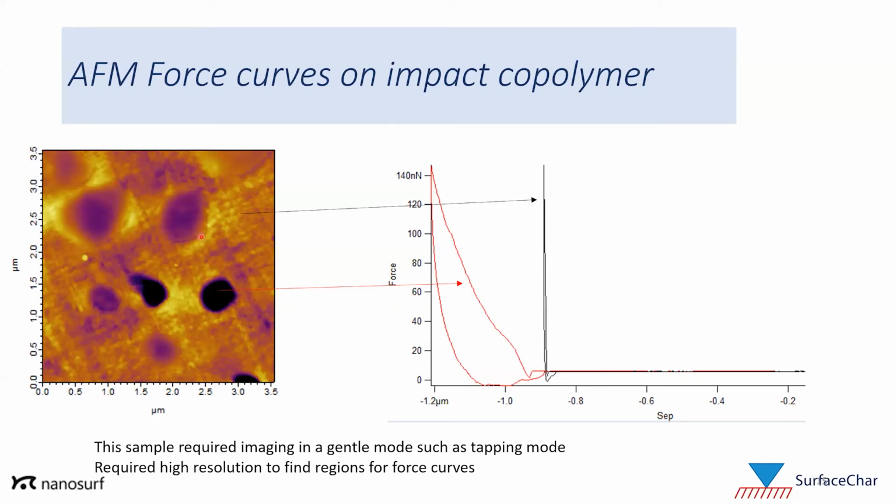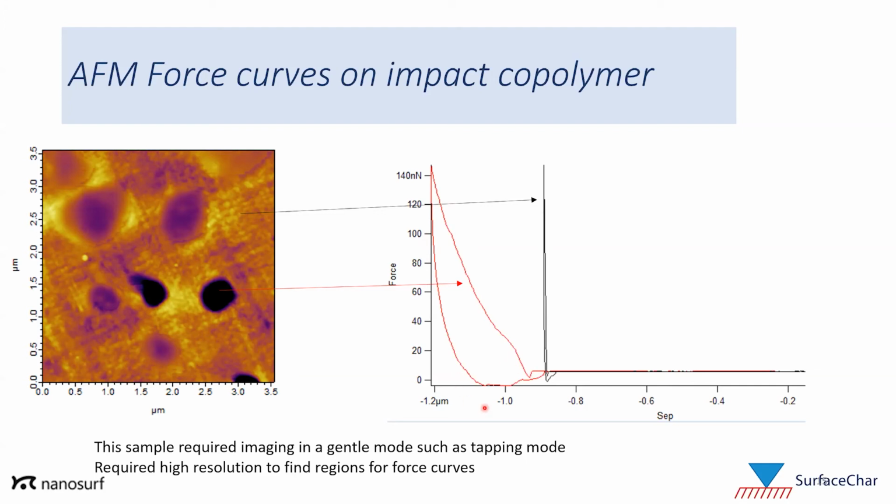Once we do that, we can point and shoot, just focus in on different areas to collect our force curves. The force curve on the polypropylene is shown in black, and the force curve on the rubber is shown in red. You can see, certainly qualitatively, very significant differences between the force curves on these two materials. First off, a much steeper slope on the retract than on this one.